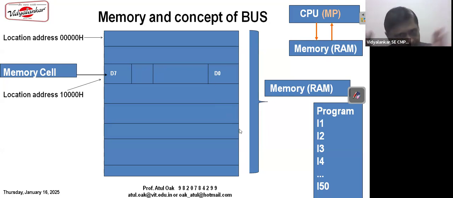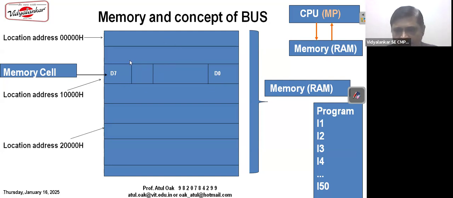Let us assume read. So address bus tells go to 10,000. Control bus tells you read using a control signal. And whatever you read, I will read a byte because I already said every location stores 1 byte. So what you read is a byte, D7 to D0.